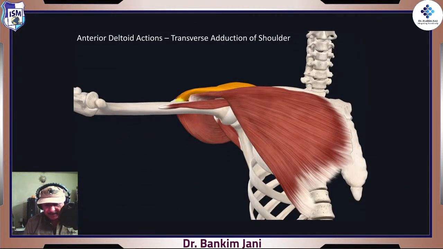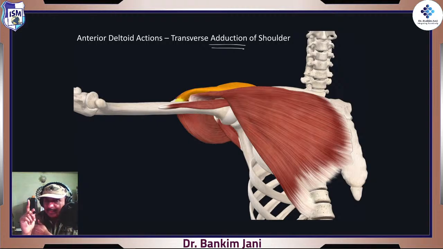The next, again, we are dealing with anterior deltoid actions only, right? And what it is doing is transverse adduction of the shoulder, right? It means, think of it like when the deltoid, that is the middle deltoid, has already taken the hand like this. So when the anterior contracts, it will do the adduction.